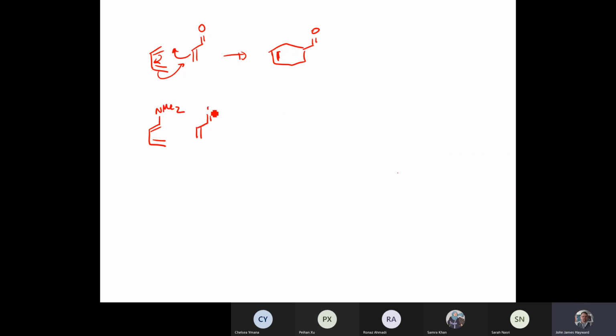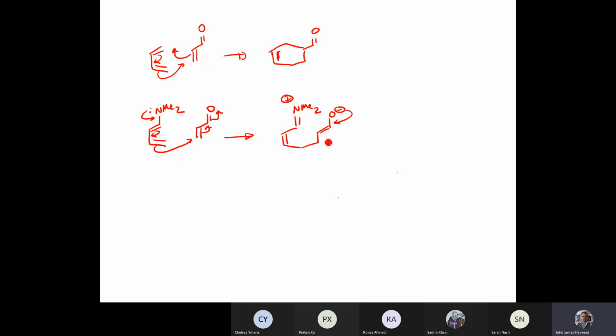Now, if I had a very similar reaction here, same aldehyde, but the diene is different, what ends up happening actually is that it does a conjugate addition, like that.